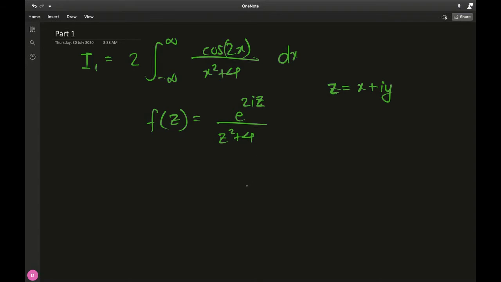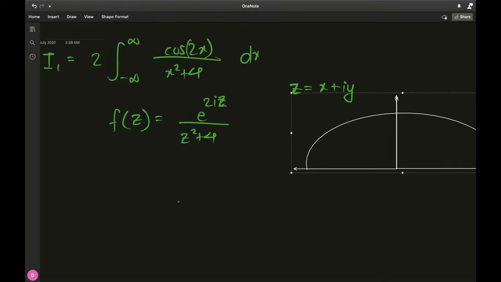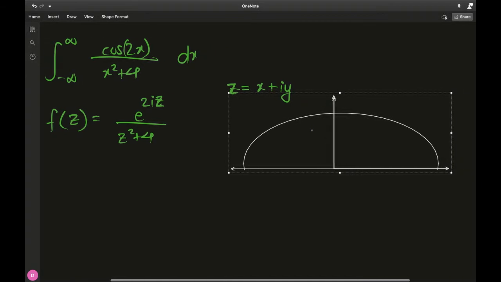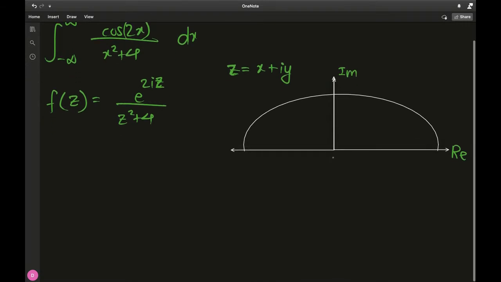How is our contour going to look exactly? This is how our contour is going to look. It's going to be this semicircular thing, and call this the real axis, imaginary axis, this 0.